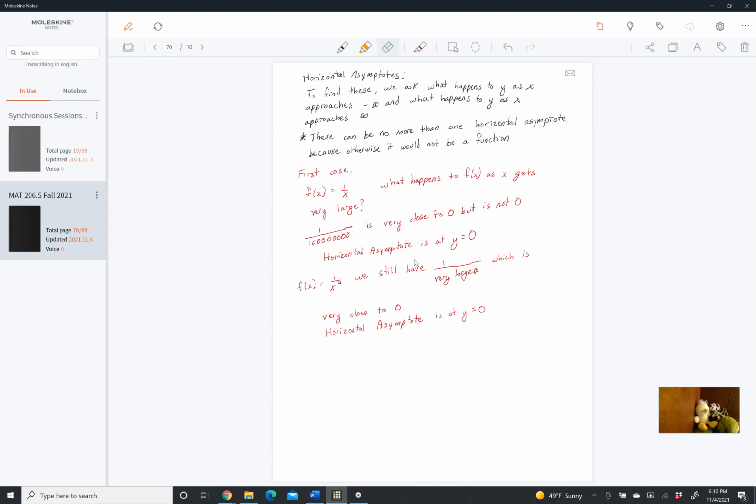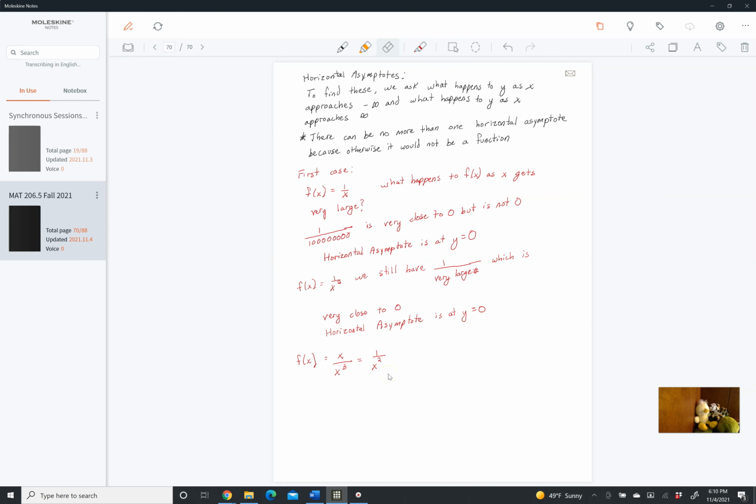Okay, let's take another instance that's kind of similar. Let's say that we have f of x is equal to x over x cubed. Well, x over x cubed is the same thing as 1 over x squared. We could take 1x from the top and 1x from the bottom.